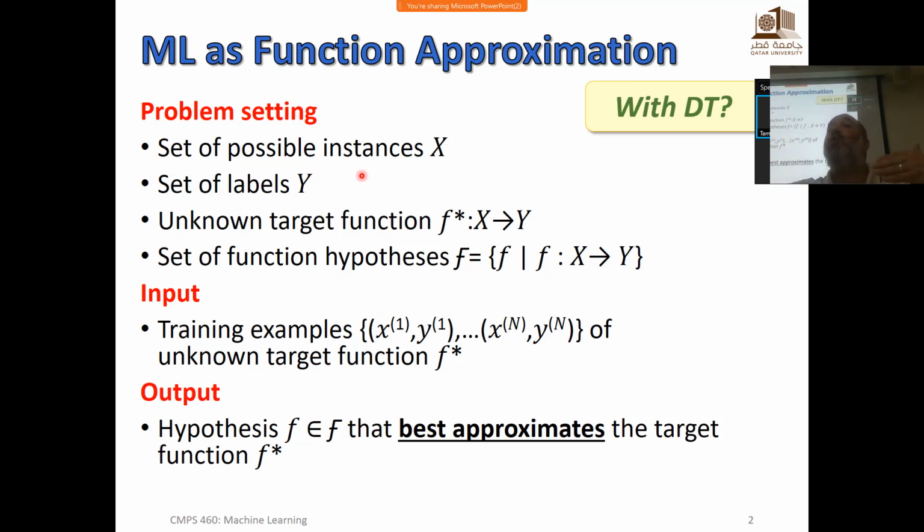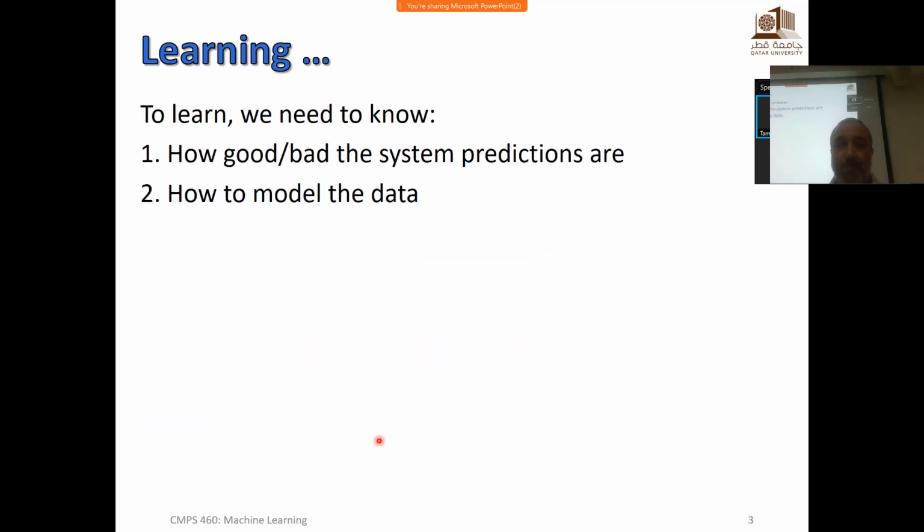We don't get all possible examples in the world. When we train a model, we don't get everything. We get some examples from the unknown target function. And our goal, our output, is the function that best approximates this unknown function. Okay, is that clear?